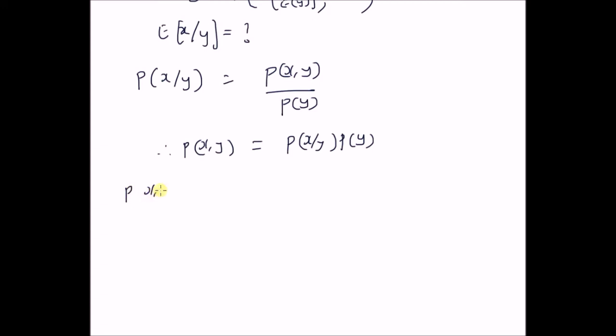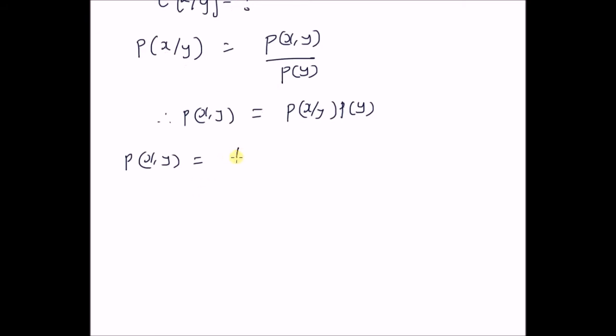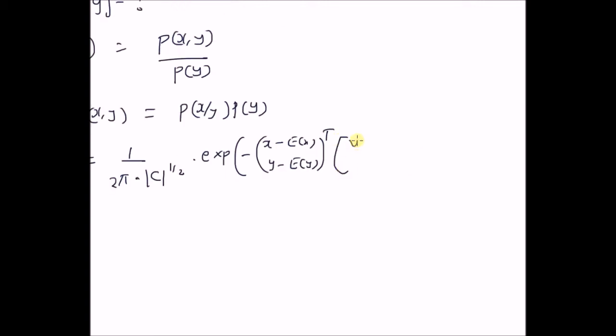So the joint distribution is given by the joint Gaussian distribution function, which is equal to 1 by 2 pi multiplied by determinant of C power 1 by 2 multiplied by exponential of minus (x minus expectation of x, y minus expectation of y) transpose into C inverse, which is variance of x, covariance of x comma y.